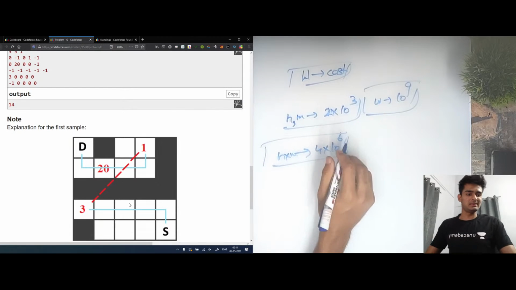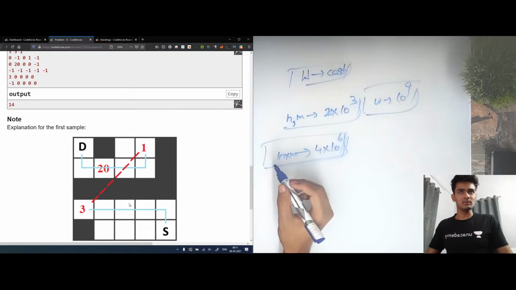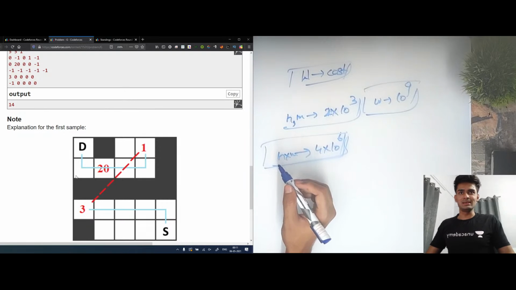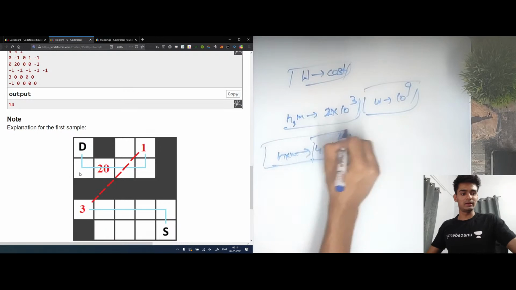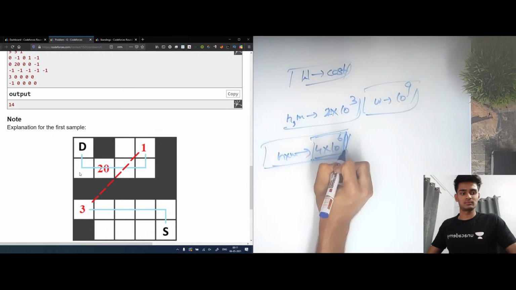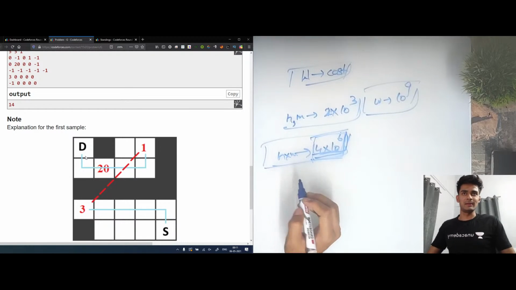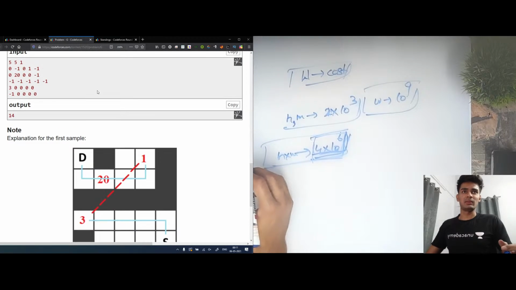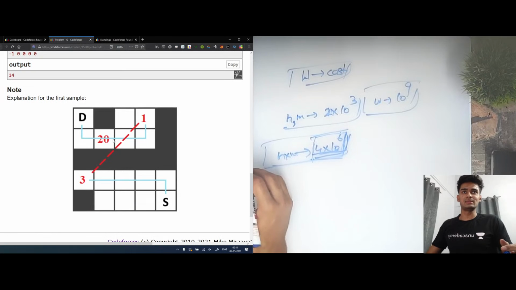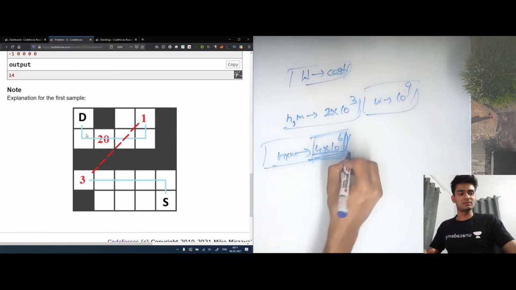So basically, let's consider every cell as a node of a graph. So we'll have 4 into 10 to the power 6 nodes. Now let's see the number of tunnels we'll have. Even if all the indexes are tunnels, that gives the maximum number of tunnels.